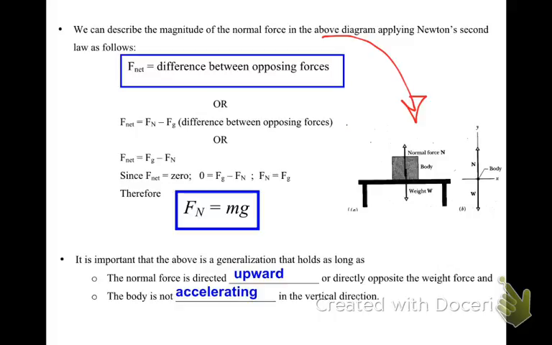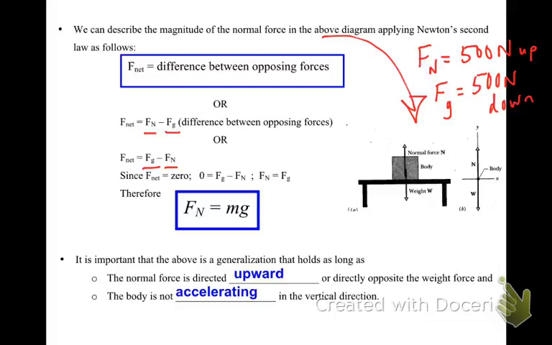So we're taking the difference between our opposing forces. Again, with an arbitrary value, our normal force is equal to 500 newtons in the upward direction, because this is a vector, so a direction is associated with it, and our gravitational force is pushing 500 newtons down.